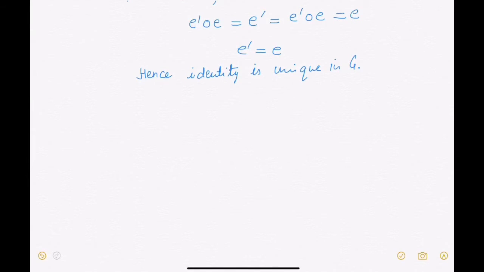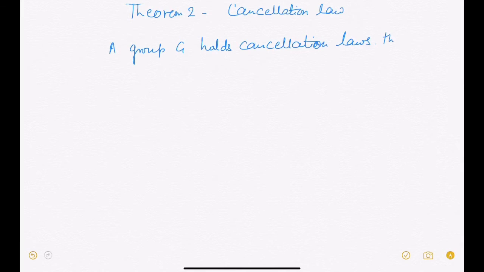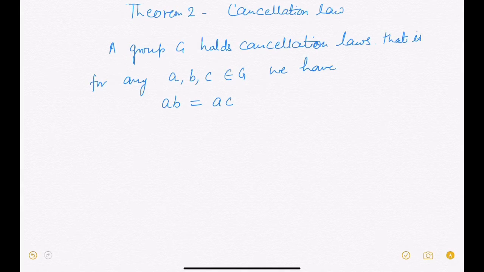Second theorem is cancellation law. A group G holds cancellation laws, that is, for any three elements A, B, C belongs to G, we have AB equal AC implies B equal to C. This is called left cancellation law.